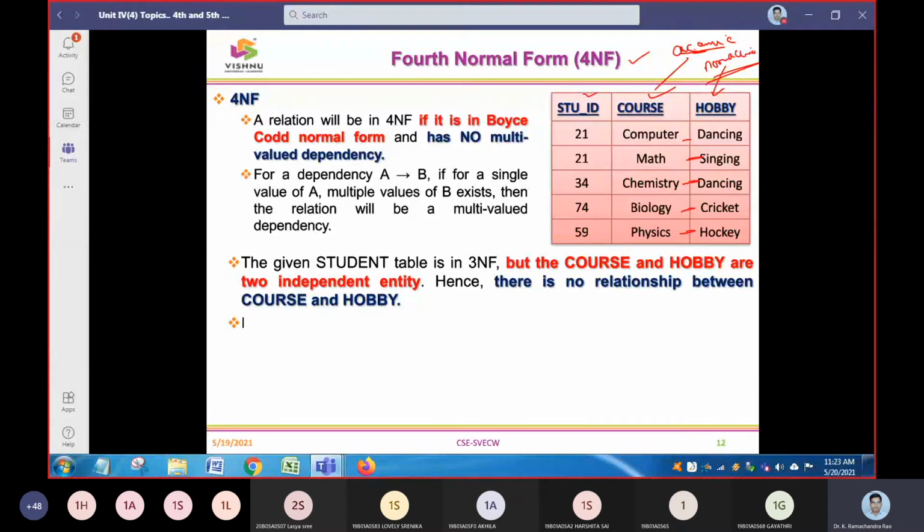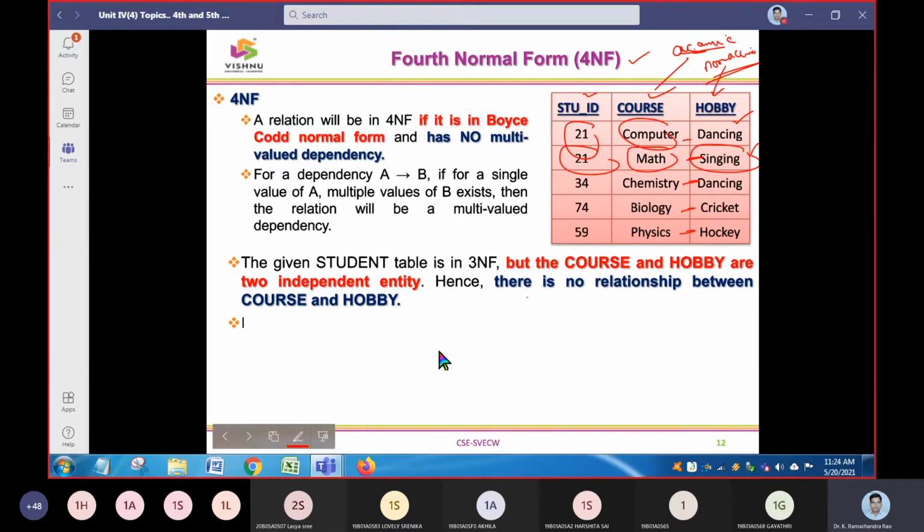Courses are totally different. But what can we relate? A girl can study computer science and her hobby can be dancing. A girl, register number 21, studies the course called Maths, but her hobby was singing. Is it okay? Yes, it is okay.